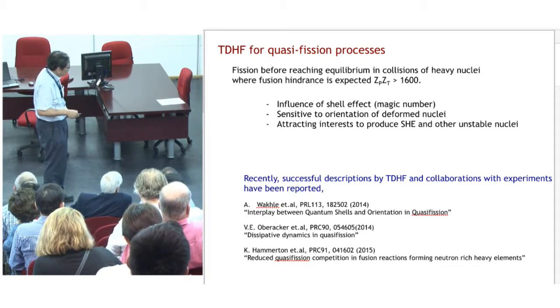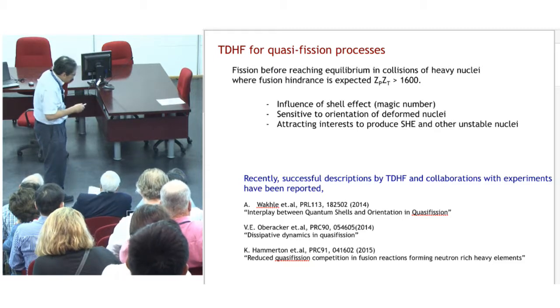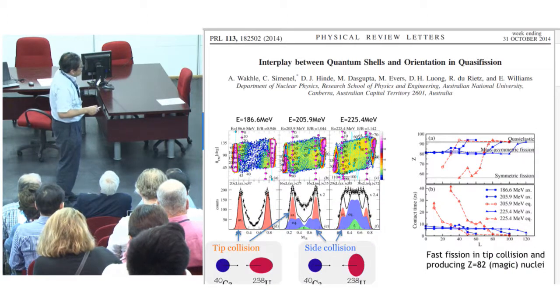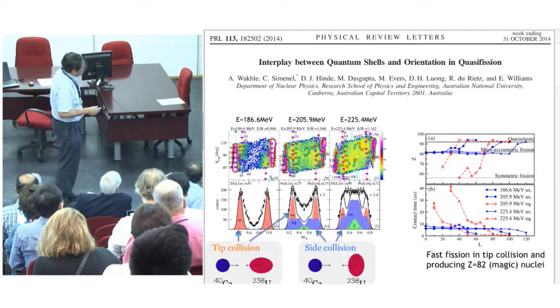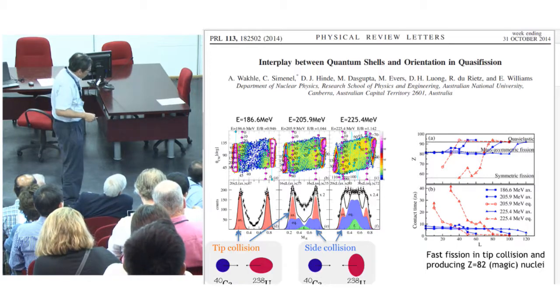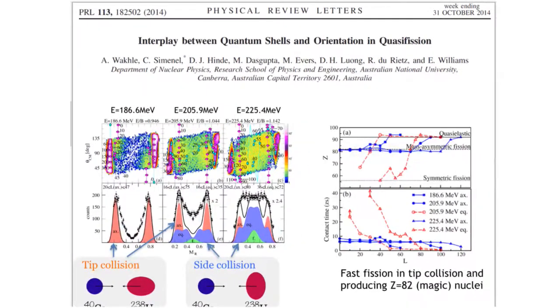So let me take one example of these papers. In this paper, the title is the interplay between quantum shell and orientation in quasi-fission. This is an experimental and theoretical TDHF analysis of calcium and uranium nuclei.